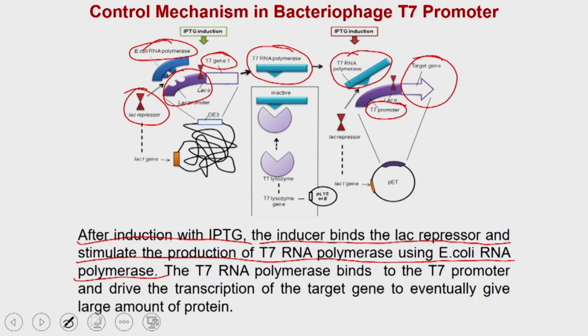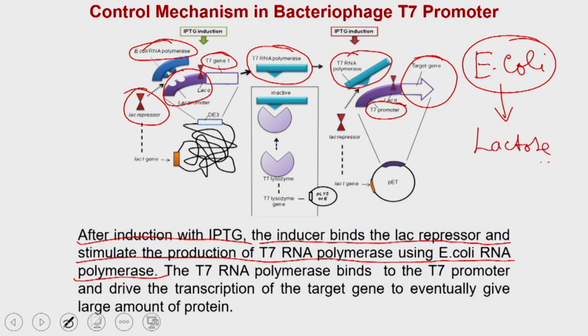But in some cases, when you want to make a very tight control, what happens is that you are using E. coli as an expression system, and E. coli is going to have a very low amount of lactose. So, even if you are not adding the IPTG, which means you are not adding the inducer, the lactose which is present inside the cell is going to bind to the repressor, and as a result it will induce the E. coli RNA polymerase to go and bind to the lac promoter.